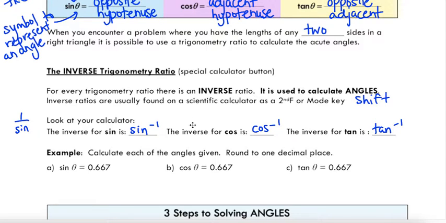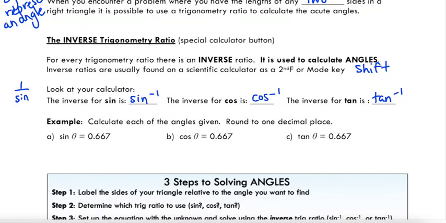Depending on how your calculator works, sometimes you will have to enter in the expression first and then press the sine inverse button. Sometimes you'll have to press your sine inverse button first and then enter in your numerical value. You're going to have to play around with yours to see which one works the best.